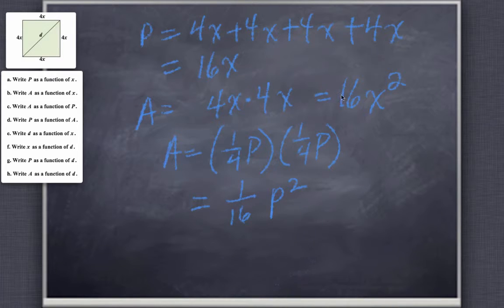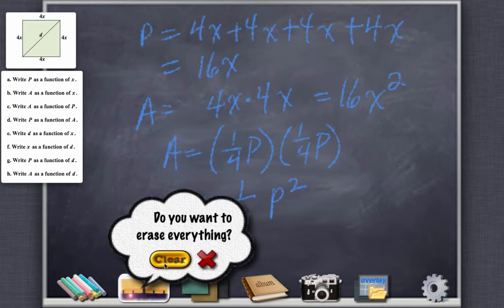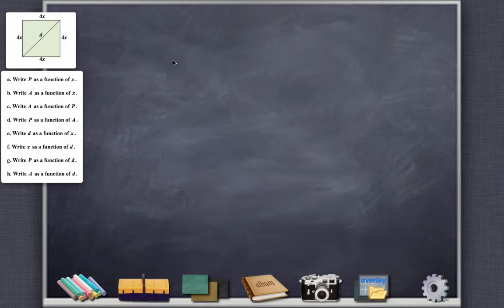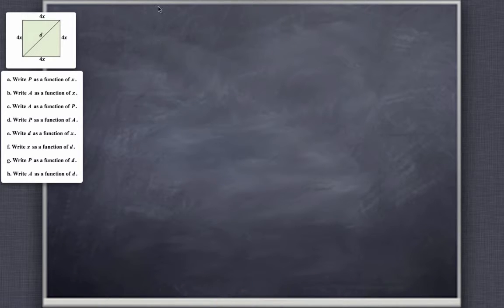You might have been tempted to say, oh, it's p times x, but then it's a function of p and x, and you want it just p. Okay? And then we want p as a function of a. So because a is the side squared, the square root of a is a single side, and p is 4 of those.